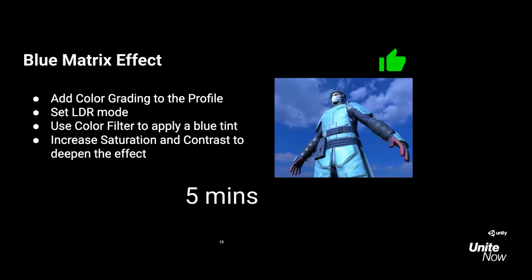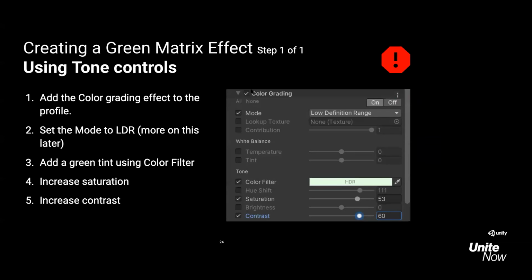Nicolas, if you can go to the previous slide. Some people are asking about Timeline and Cinemachine, pretty cool effects that they can achieve and animate in some way with this color grading. To be honest, I never tried.